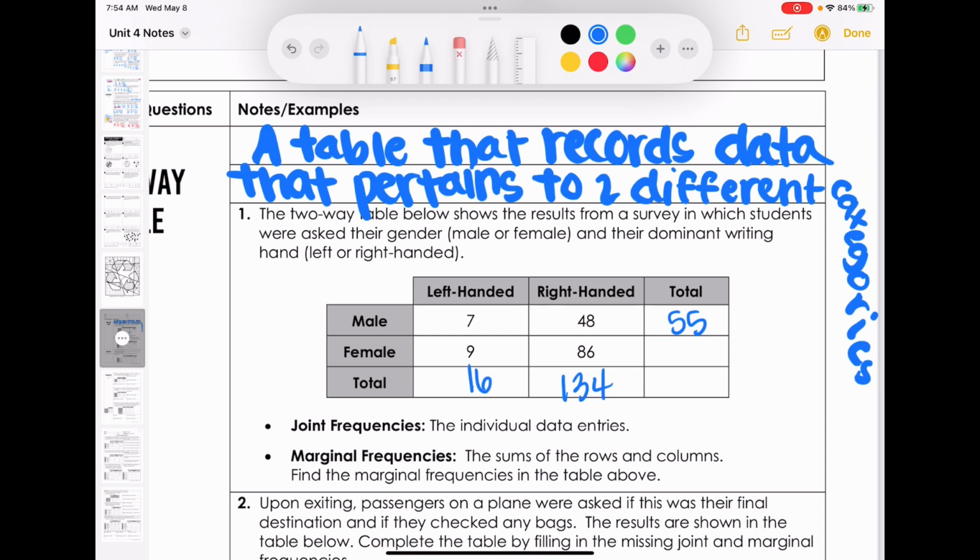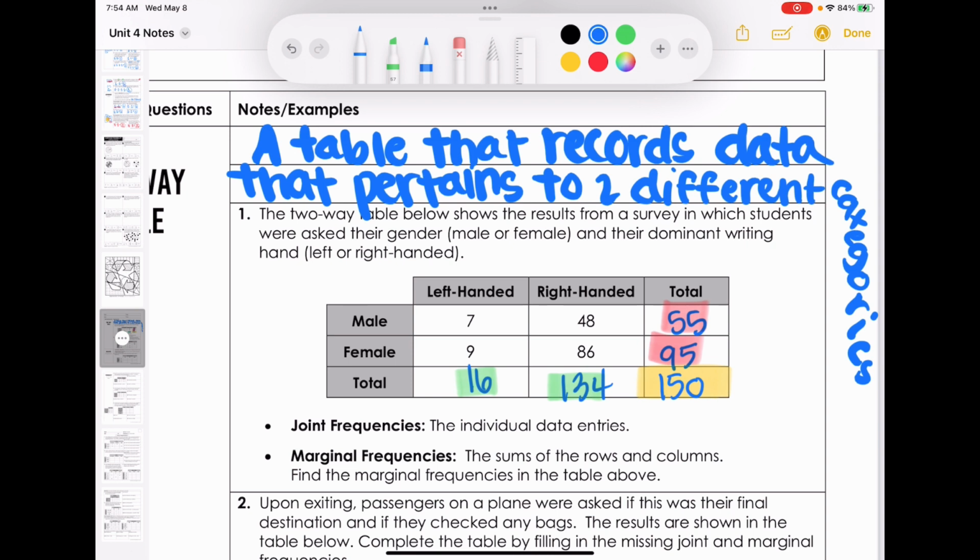Total for female, we have 9 left-handed, 86 right-handed, so that gives me 95. And then for this box right here, you can either add up those two numbers, or you can add up these two numbers. They should give you the same answer, which is 150.